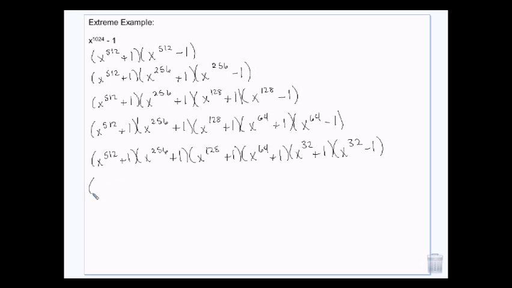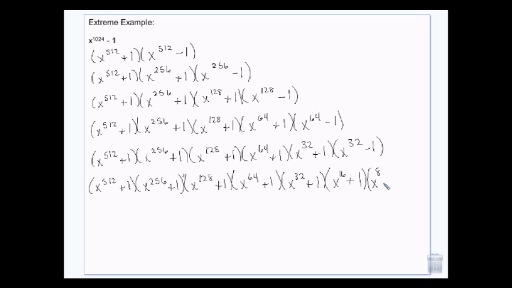Divisible by 2. And if I divide 32 by 2, I get 16, which is still even, right? And if I divide that by 2, I get 8. And if I divide that by 2, I get 4. And if I divide that by 2, I get 2. And then I finally get 1.